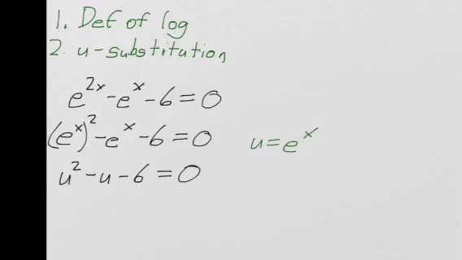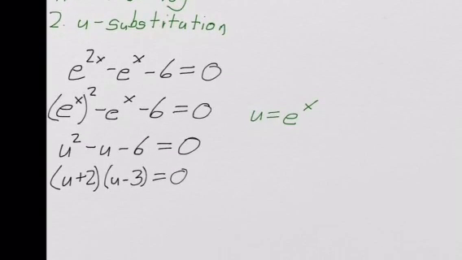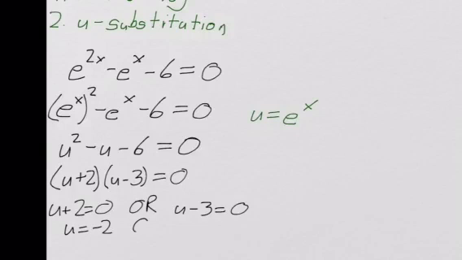Well, now we can go ahead and solve that. That's going to factor to u plus 2 times u minus 3 equals 0. So we get u plus 2 equals 0, or u minus 3 equals 0. So we have u equals negative 2, or u equals 3.